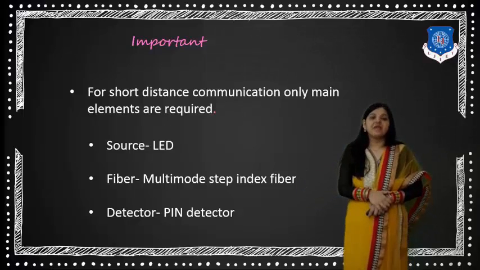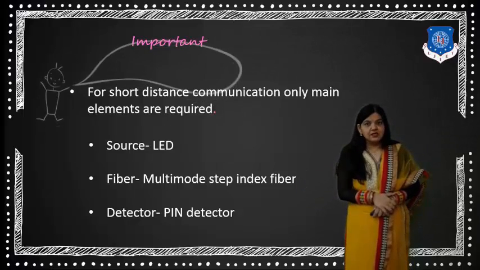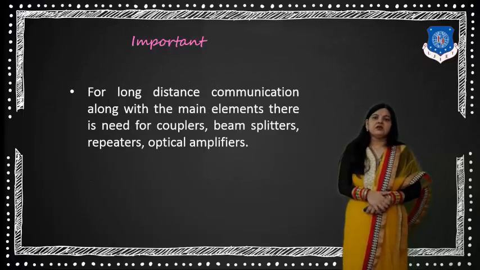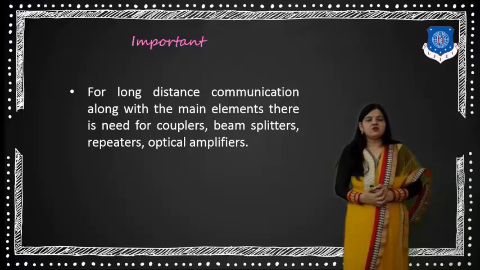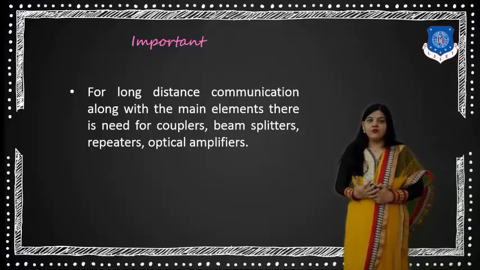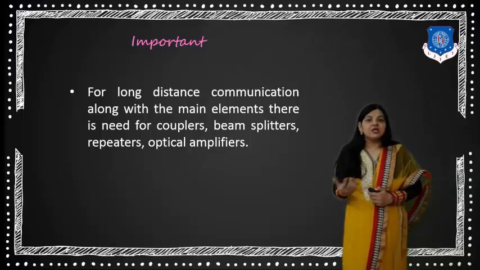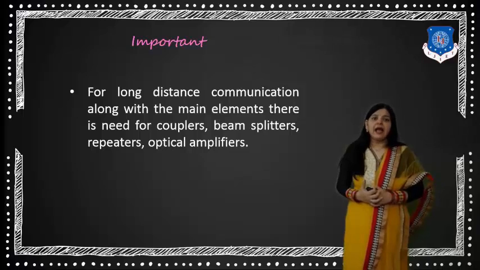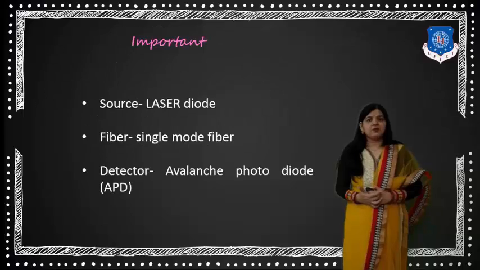The detector we can use is the beam detector. Similarly, for long distance communication, the main elements are the couplers we need to use. We need to go for the beam splitter, repeaters and optical amplifiers. These are all added elements in the case of long distance communication.